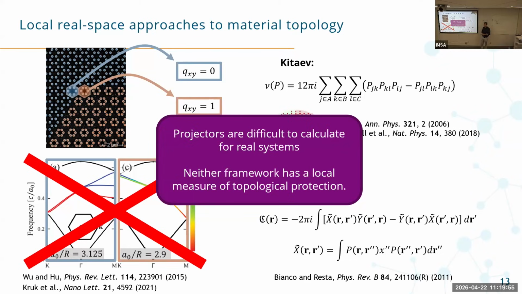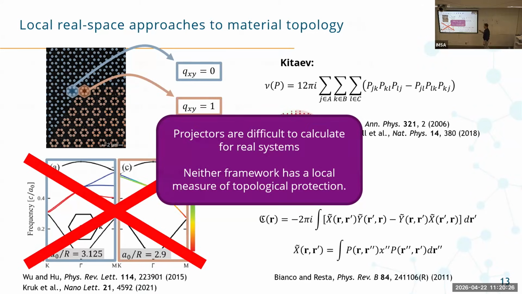Either your computer struggles, or you tell your postdoc or grad student to implement KPM, and they struggle. So someone and somewhere is struggling. More, maybe crucially, neither framework comes equipped with a local measure of protection. Once you talk about projectors, you've already assumed that there's a spectral gap. And so they're never going to let us get at this question.